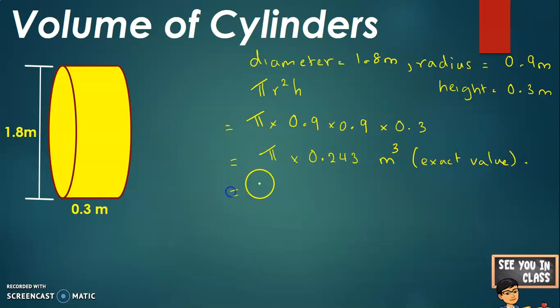But you can also substitute the value of pi into this and get the answer, and that would be 0.7634 meters cubed. So I'm going to round this to 2 decimal places, so 0.76 would be my answer.